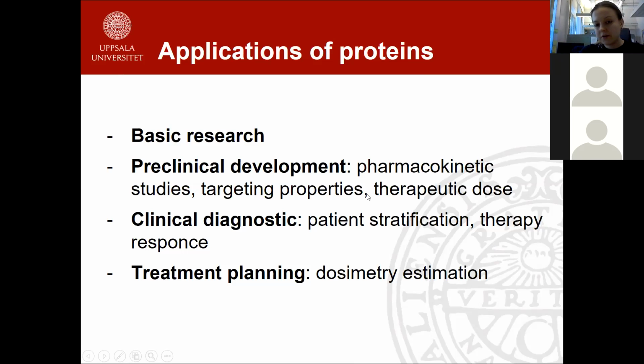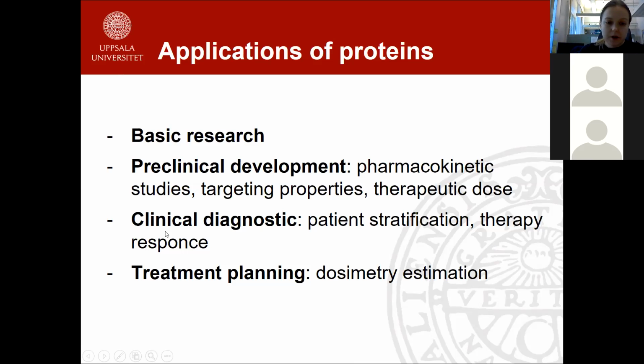We can study targeting properties: how good is this molecule taken up by the tumor, how long it stays there, how long it can deliver its effect, if it's a cytotoxic effect, for example. We can also do selection of doses. We can inject various amounts of doses and see which dose produces the best therapeutic effect, or this kind of dose finding studies.